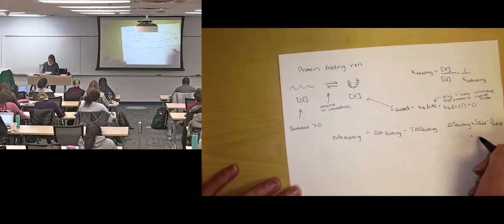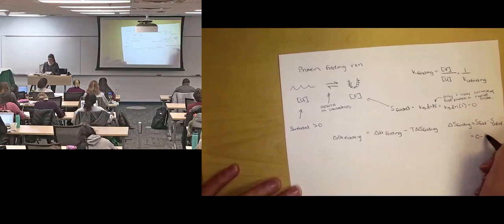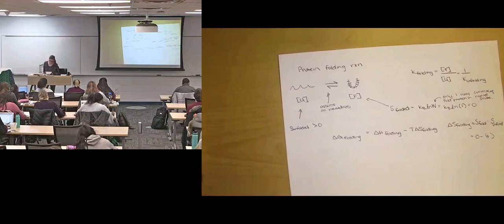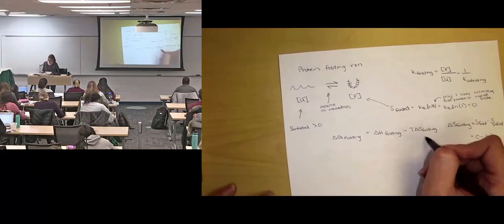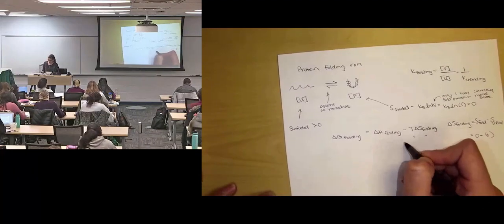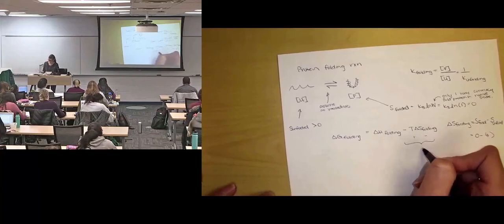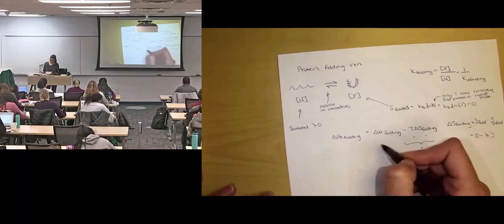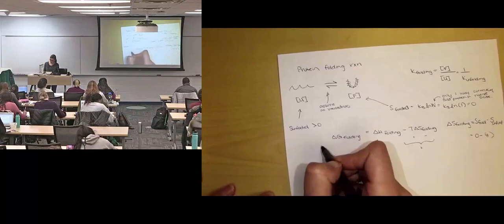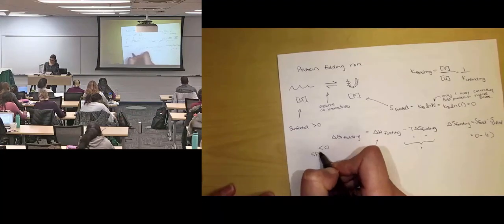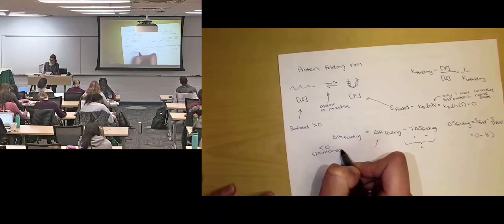So this is 0 minus some positive number. That means this is a negative number, temperature is always a positive number, so this whole piece is positive. We said we expect delta G to be negative because we know that this happens spontaneously. We know folding is spontaneous in the body.